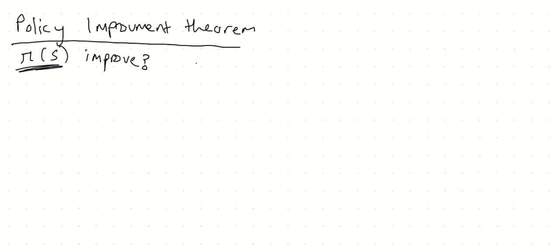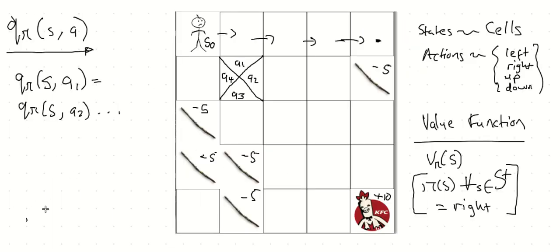Let's go back to our example here, maybe it will be clearer. So you're given a policy move right, but maybe we make an extra policy that when you're in this state, move down instead. Then after that, follow the same policy, move right.